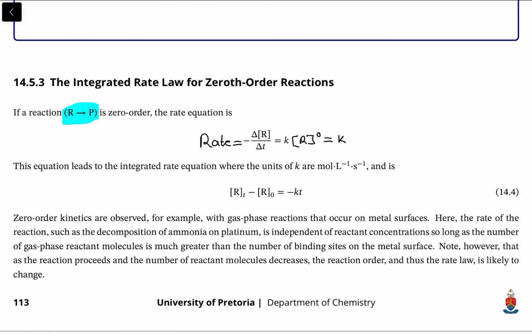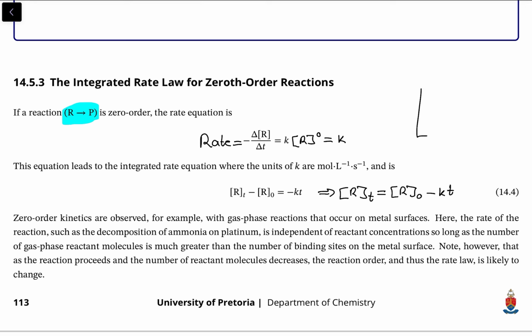And this integrated rate law is actually quite interesting, because if you solve it for the reactant concentration at time t, you'll notice that all it says is that it's the initial concentration minus the rate constant multiplied by t.